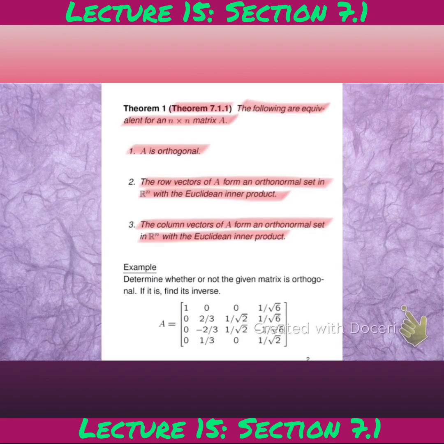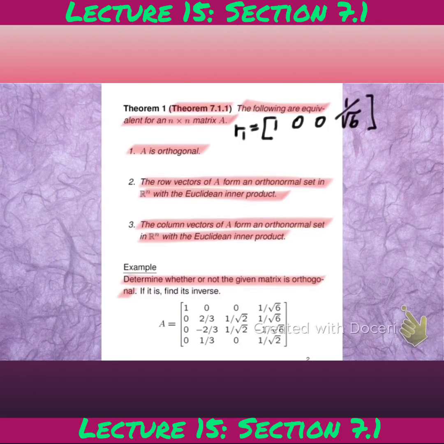Right, so this example here: determine whether or not the given matrix is orthogonal. Right, so all we have to do here is apply theorem 1. So we can either look at the row vectors of A or the column vectors. So do the row vectors form an orthonormal set of vectors?